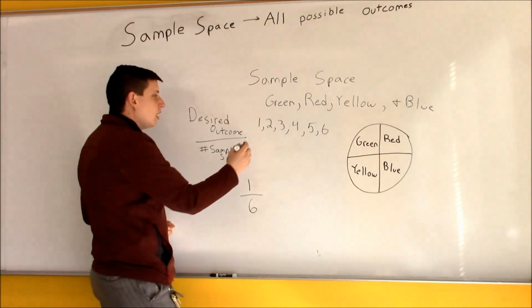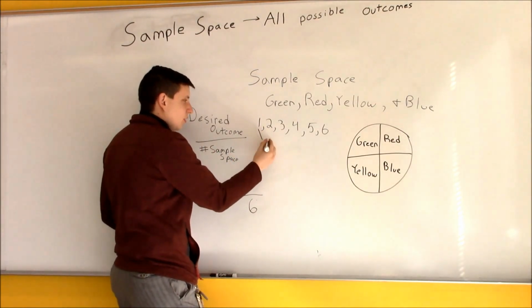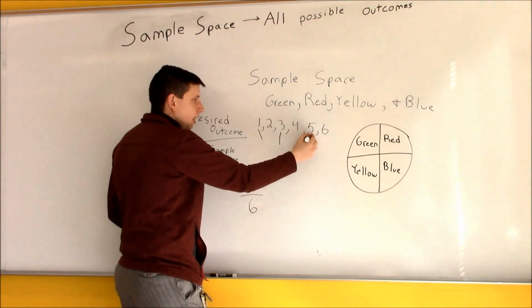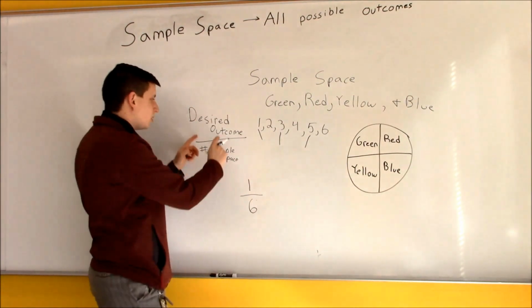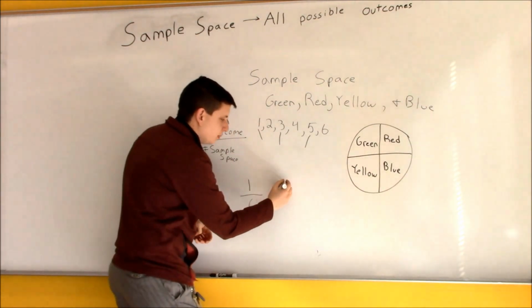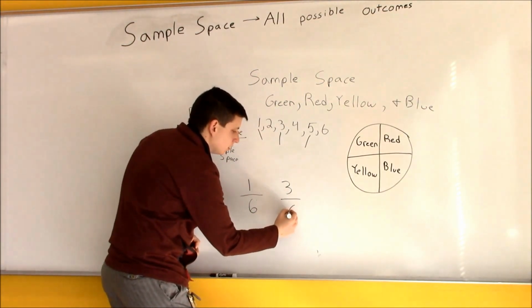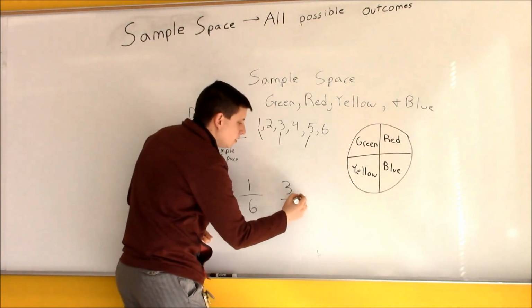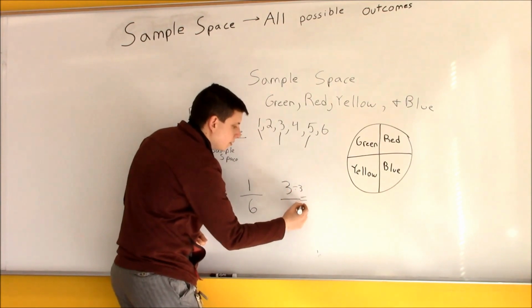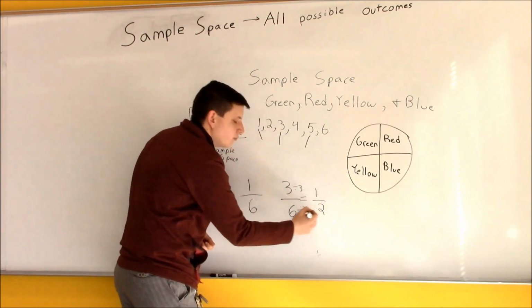Now if I'm looking at what is the probability that I roll an odd number, I would look at 1, 3, and 5, and I know that there are 3 possible numbers that would get my desired outcome of it being odd. So I have 3 over 6. I would simplify that by dividing both by 3, that equals 1 over 2.